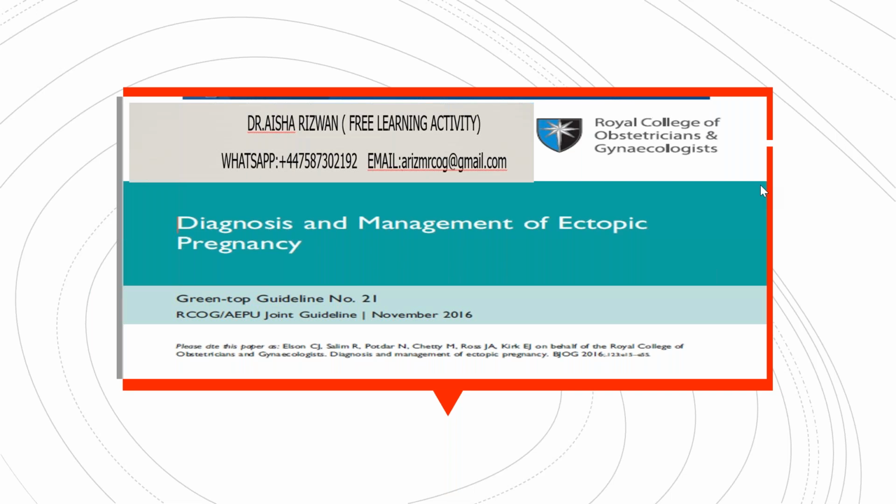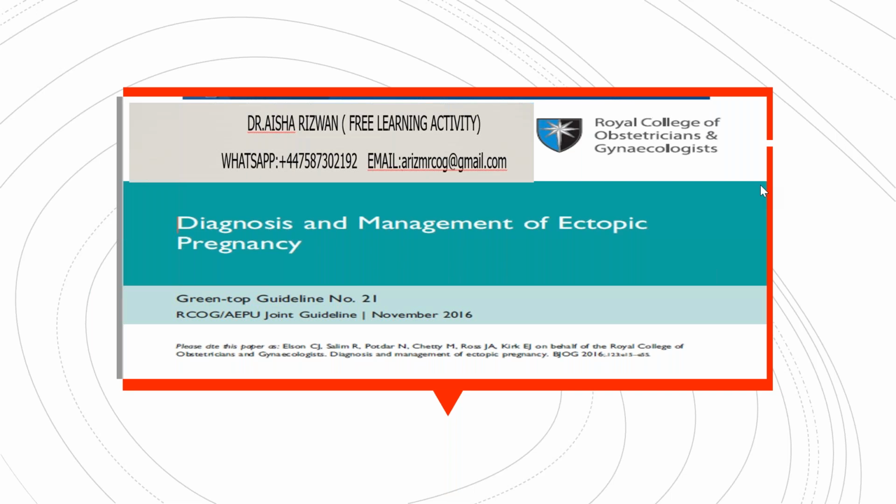If the beta hCG level decreases by less than 15% between day 4 and day 7, then you need to repeat the TVS and give methotrexate 50 milligrams if she still fulfills the criteria for medical management.